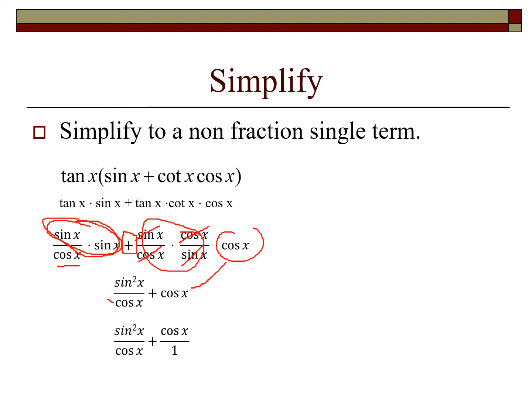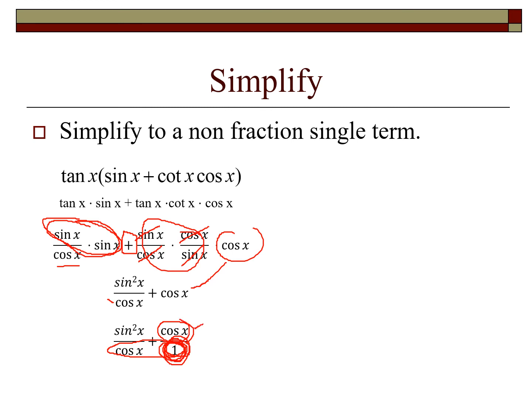All right, how do we get these to be the common denominator? We have to change this one. We need it to be a cosine. And the rule in the 6th grade was, in order to change this denominator to a cosine, you have to multiply the top and the bottom by cosine.